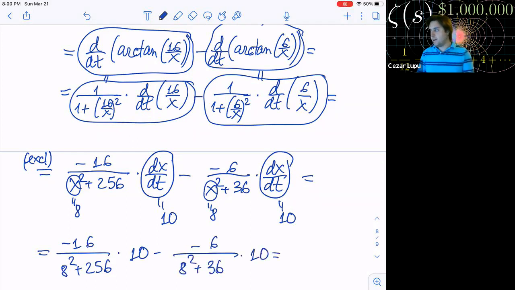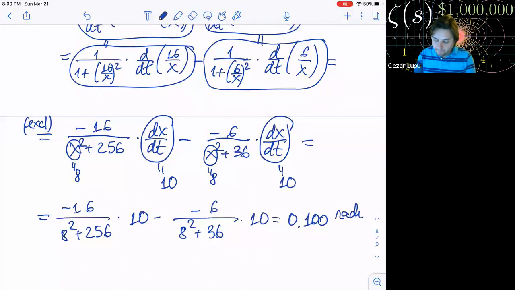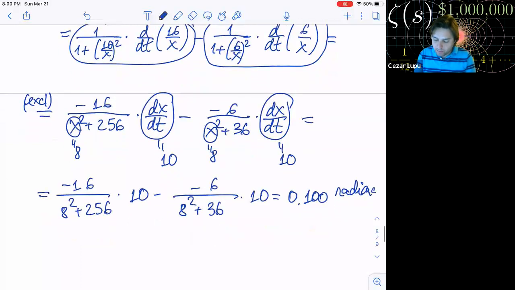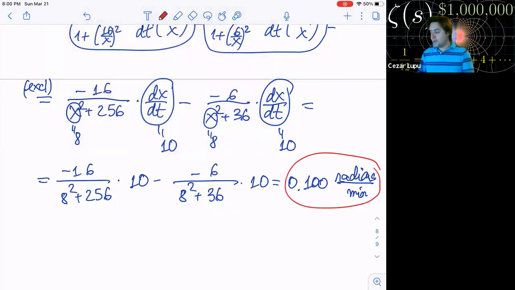And all this mess here will give us whatever, I don't know what it is, it's 0.01 radians per minute. Anyway, you can do this by using the calculator, I don't care. That's your final answer. That's the dθ over dt.